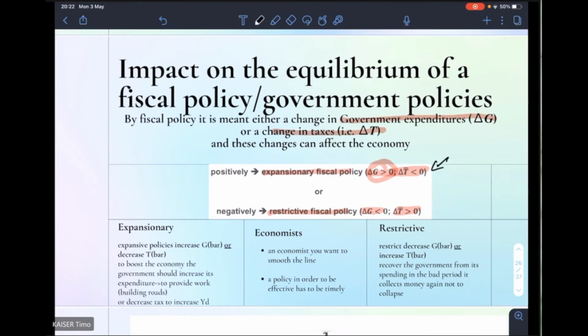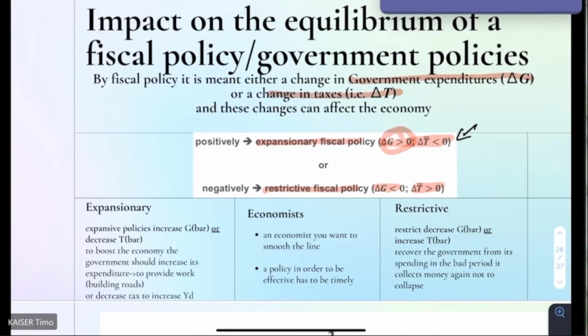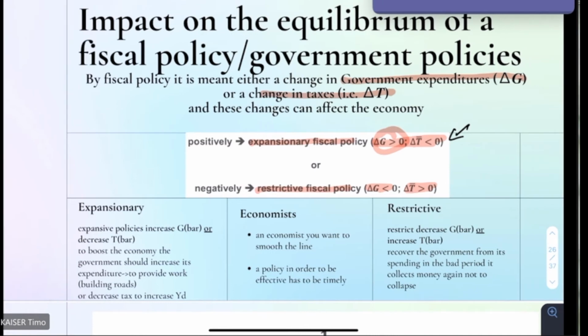The expansionary fiscal policy, you would actually use when you are in a low phase, so when you're going down and starting to hit rock bottom. In order to not do that, you would do an expansionary fiscal policy, because by increasing your governmental expenditures, you will automatically also increase your GDP.